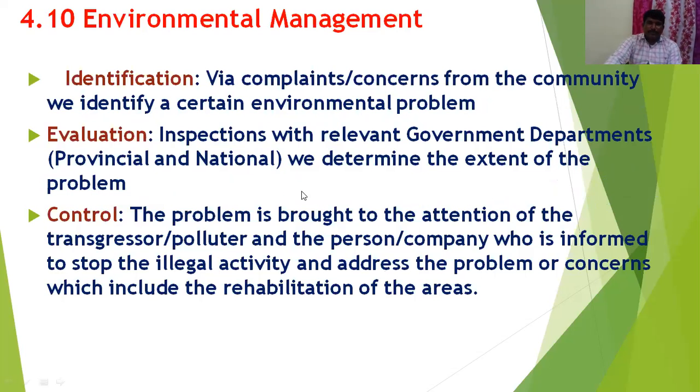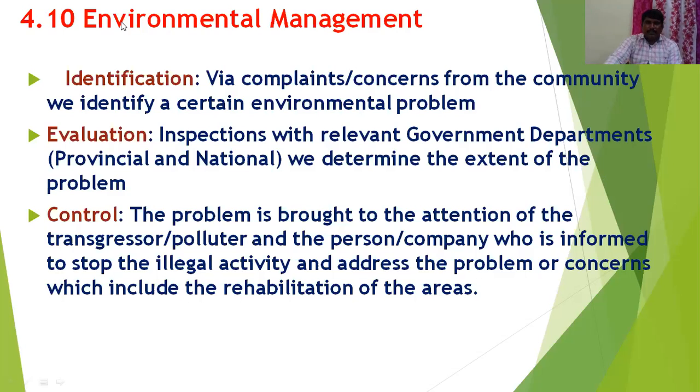Identification. Via complaints and concerns from the community, we identify a certain environmental problem. The next, evaluation. Through inspections with relevant government departments, provincial and national, we determine the extent of the problem.